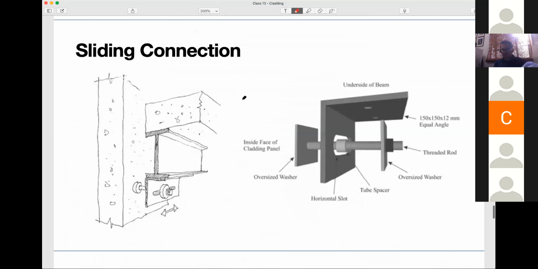So here would be a picture of a sliding connection and some of its characteristics. This is the cladding. This would be the mains. There would be a piece of the primary structure, a little slab.